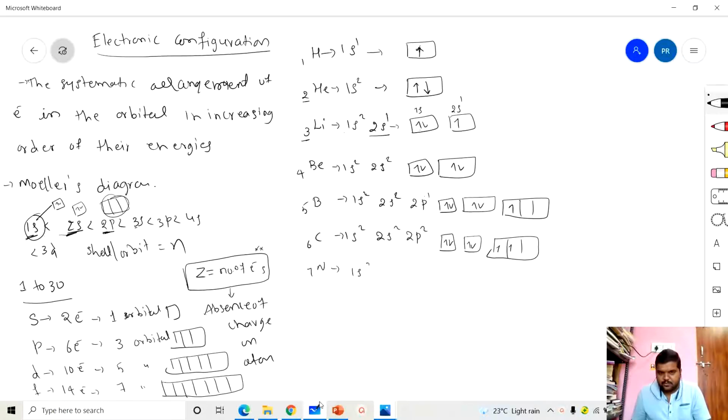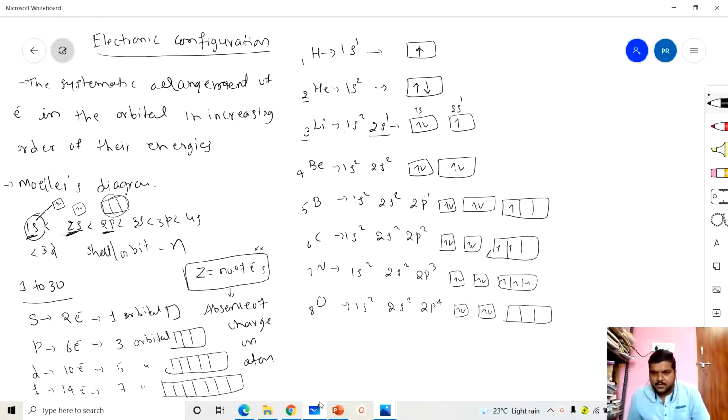Nitrogen 7: 1s2, 2s2, 2p3. Next, oxygen, atomic number 8: 1s2, 2s2, 2p4. What I am saying is that each orbital fills with 1 electron first, then pairing occurs.